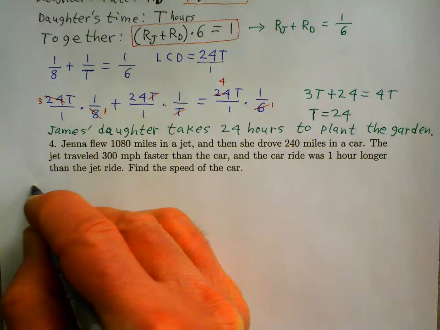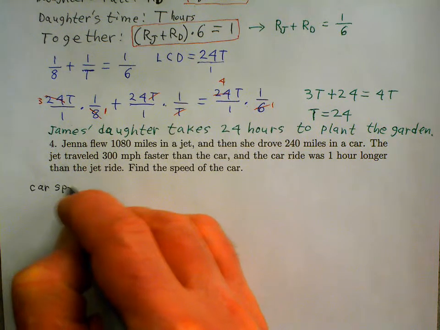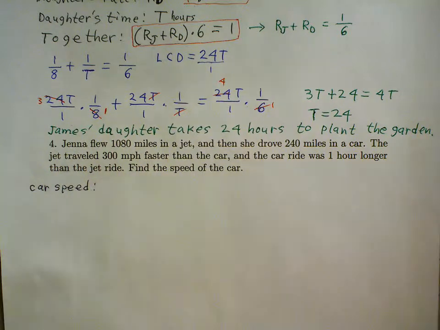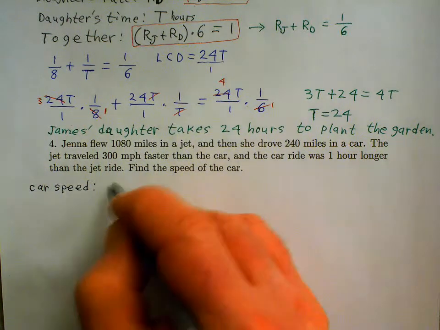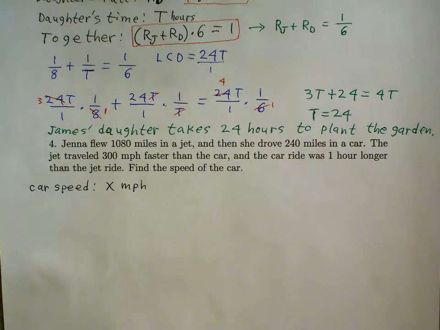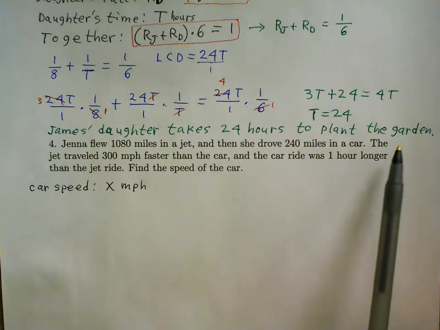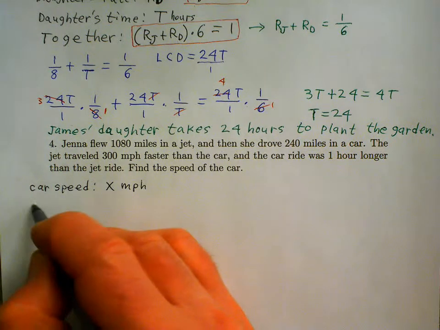Okay, this is uniform motion, so rate times time equals distance. And we're supposed to find the car speed. So we can start by writing car speed and pick a variable like x. So x miles per hour is the car speed. And the other mode of transportation involved was a jet. So there's a jet speed.